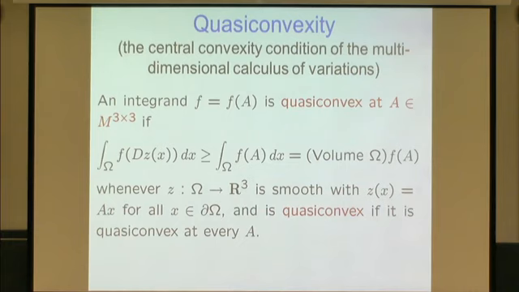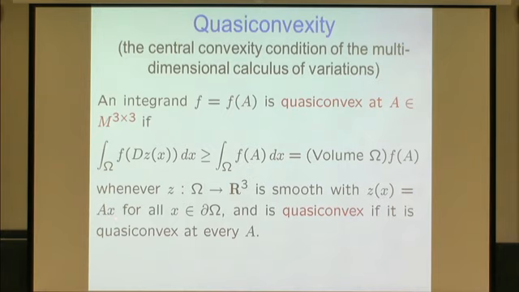An integrand f is quasi-convex at a particular matrix A if, whenever you take a smooth mapping z which on the boundary is given by Ax, so it's linear, with z of x equal to A x, where A is our given matrix, then a minimizer of the integral of f of dz is the boundary data itself, namely z is identically equal to Ax.